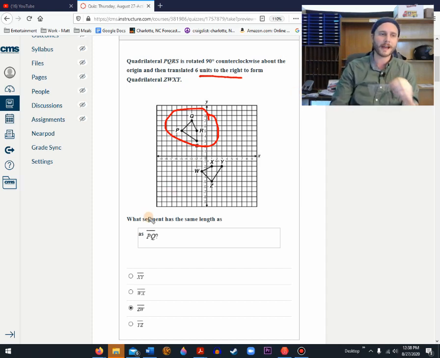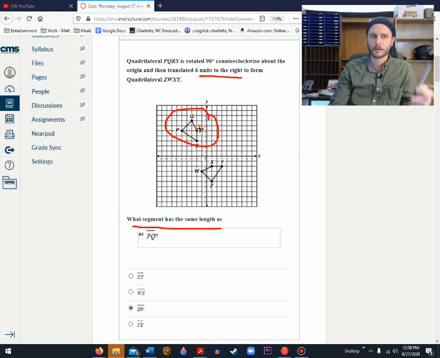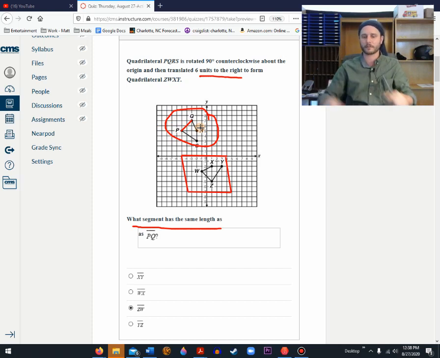Now in this problem, it's asking you what line segment would be the same length as line PQ. So it just wants to know what line in this new shape down here is going to be the same length as PQ. You're going to have to visualize this shape up here being flipped and turned 90 degrees.